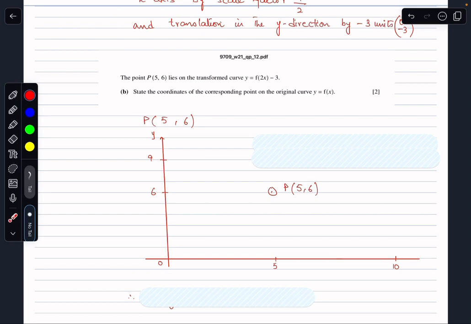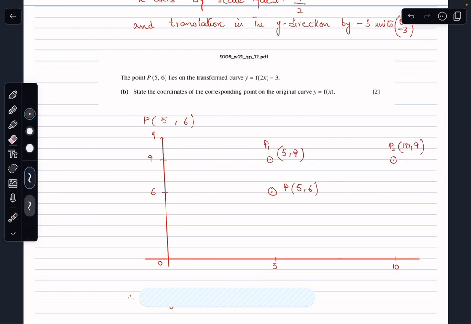We know that it is for point 5 and 6. If on the graph I just locate the point 5 and 6, then this is where it is going to be.